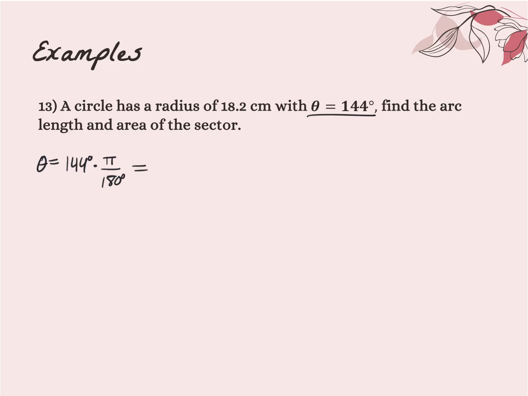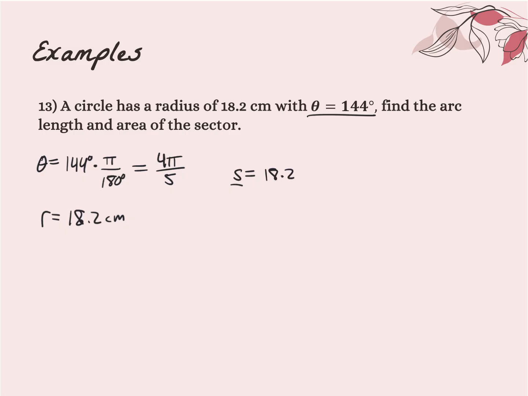That's going to get you 4 pi over 5. So that's the only difference. We still have the same radius of 18.2 centimeters. And to find the arc length, I keep saying sector, but it's S, the arc length.